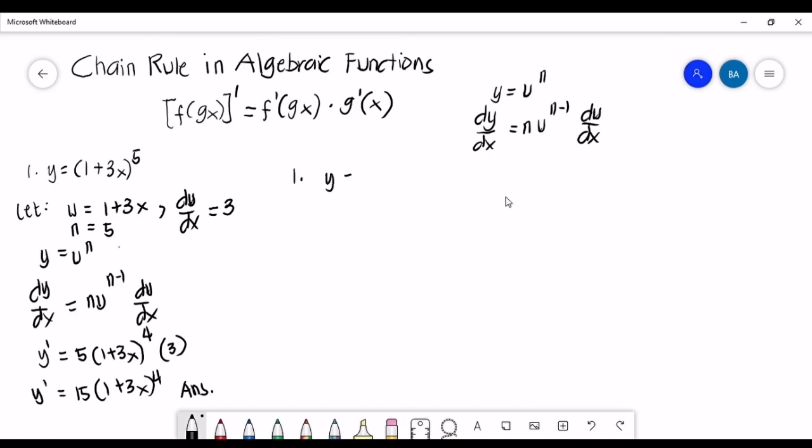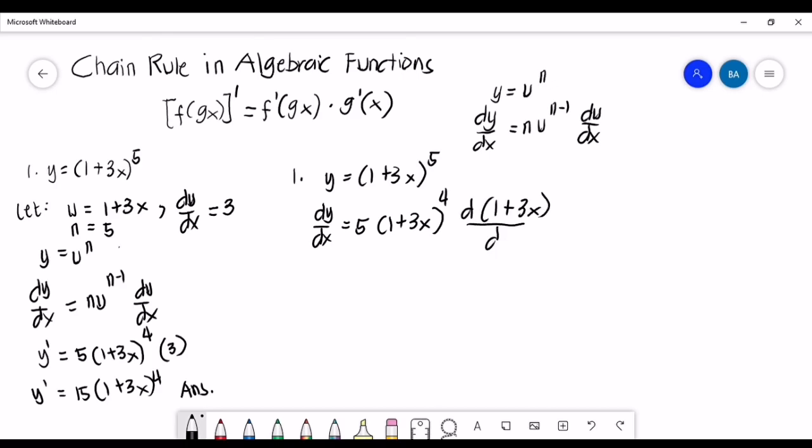So y is 1 plus 3x raised to 5. If you're going to find the derivative of y with respect to x, we're going to apply the power rule. So 5 times 1 plus 3x raised to 4, times the derivative of 1 plus 3x with respect to x.